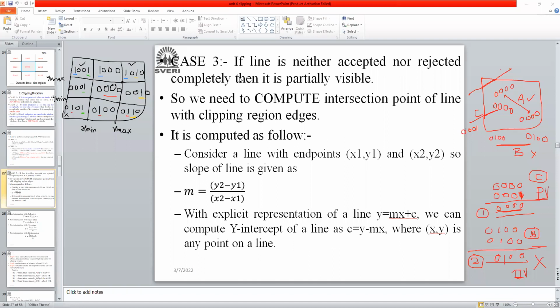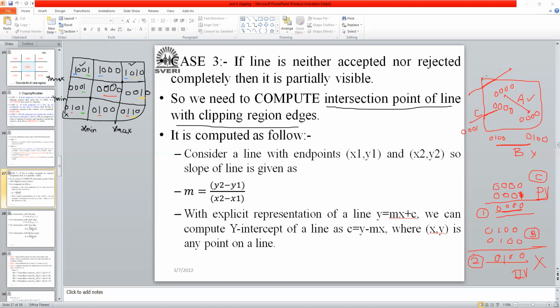If it is neither of these two cases, then it is partially visible. So we need to compute the intersection point of the line with the clipping edge. So for the partial line only, what we have to do is find out the intersection point of the line with the clipping edge.